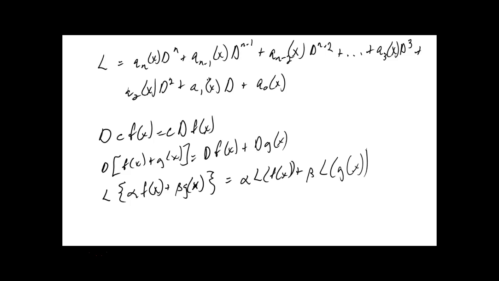Now, remembering that this L stands for that huge thing up there, right? So that whole thing operating on this would be alpha times that whole thing operating on just the f, plus beta times that whole thing operating on the g of x.